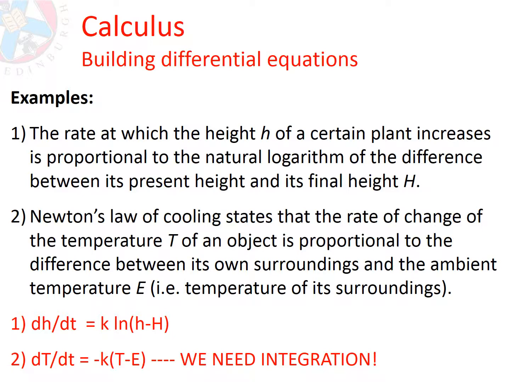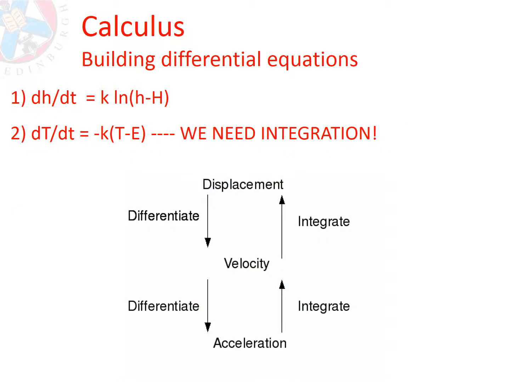Now what we can do is the opposite of differentiation, we could go back to create an equation that describes the temperature at any time or the height of the tree at any time. So we have these two differential equations, but rather than starting up here with something that describes how the amount of something changes through time, we start out kind of in the middle.